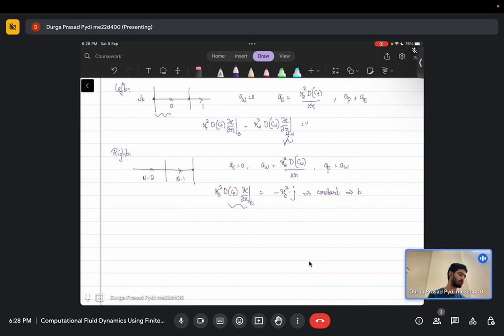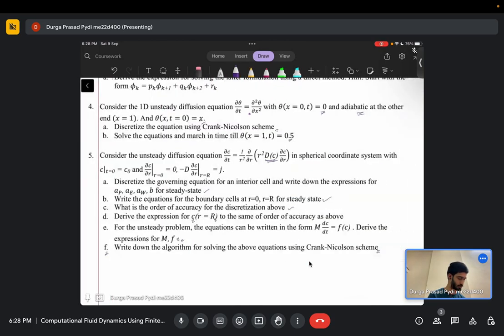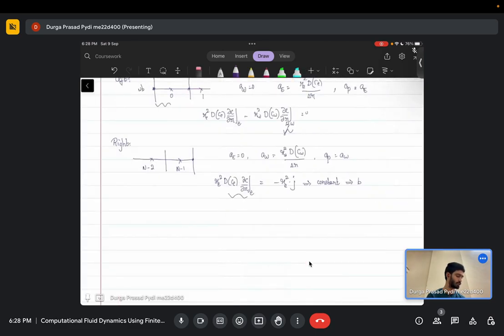So now that you have all the coefficients of AP and AW, that is essentially the next part of the question. So it asks you to write for the boundary cases. Order of accuracy, as we have seen, is delta r square. The fourth question asks you to derive an expression for the value at r equal to capital R. So now we have del c del r, c is essentially order of delta r square.